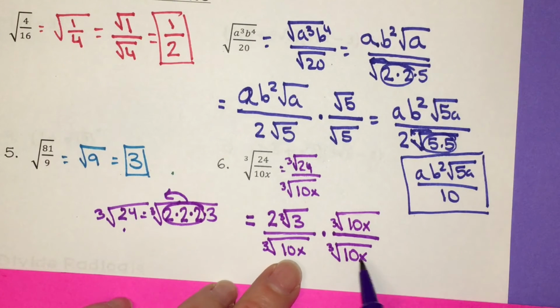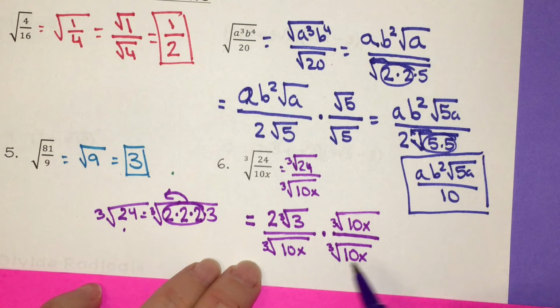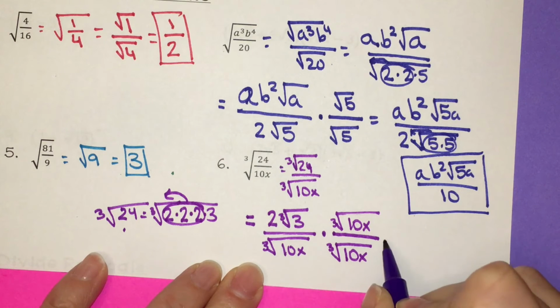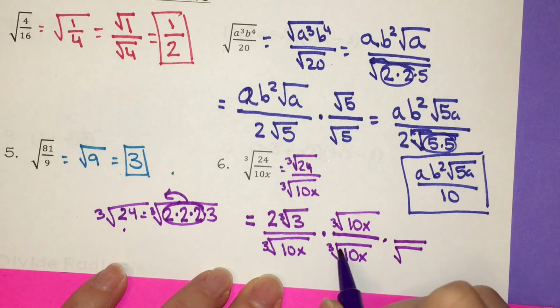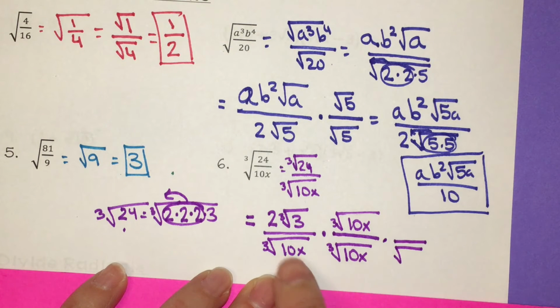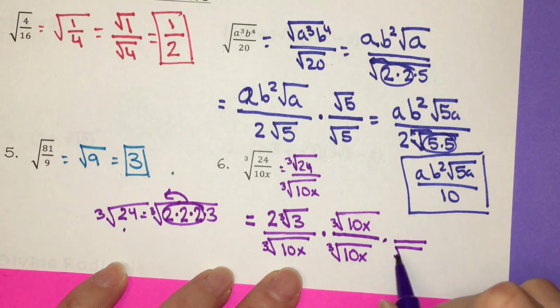But this just means I have the cube root of 10x times 10x. So I can't bring anything else out. So you have to look at the root, and you have to multiply it by itself, in this case 3 times. So if it was a fourth root, it would be times itself 4 times. So we have another cube root of 10x.